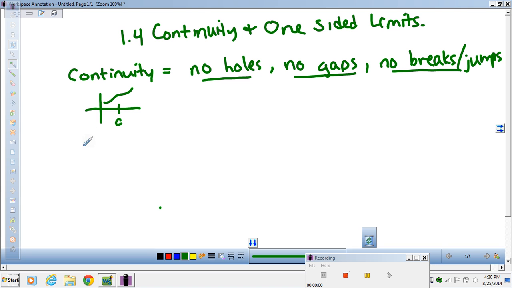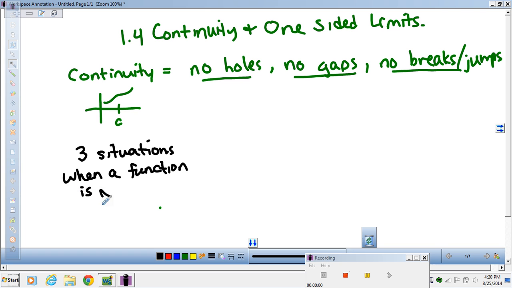Okay, I'm going to go over three situations in which a function is not continuous.